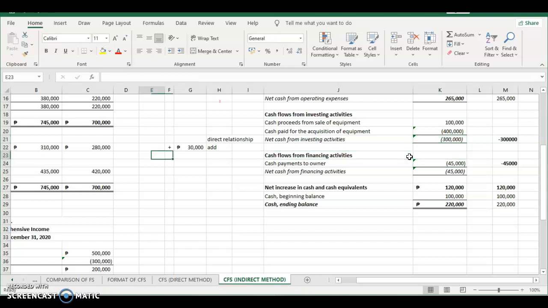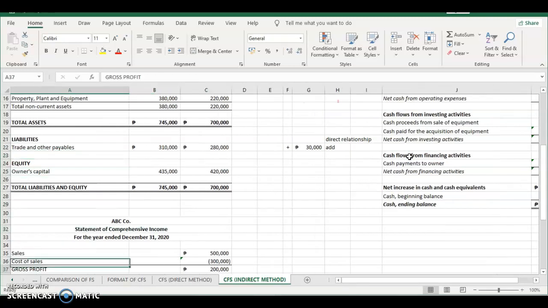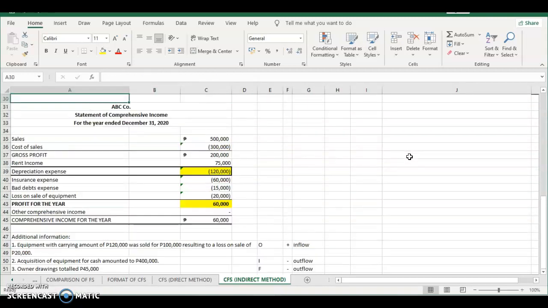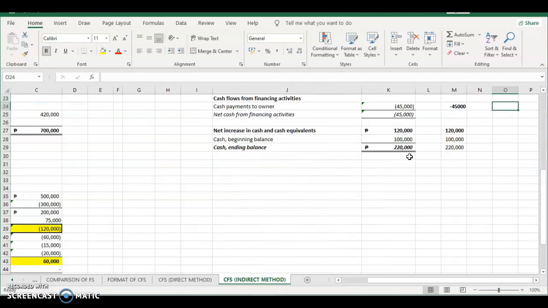Cash flow of financing activities. Sa financing naman, class, we will be adding this one or isasama si 45,000, which is the drawing. So, negative yan, class. So, ang gagawin lang natin, just copy.